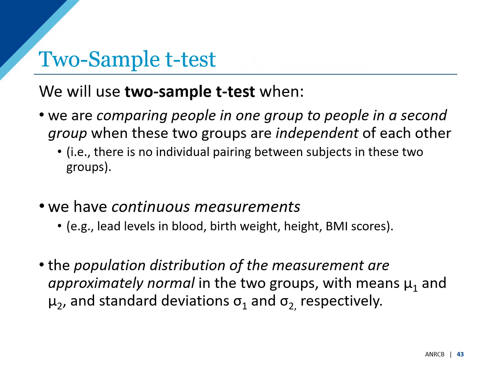We use a two-sample t-test when we are comparing two independent groups, that is, groups that are not paired, when we have continuous measurements such as weight, height, blood levels of a nutrient or a toxin, and such, and when the population distribution of the measurement are approximately normal.